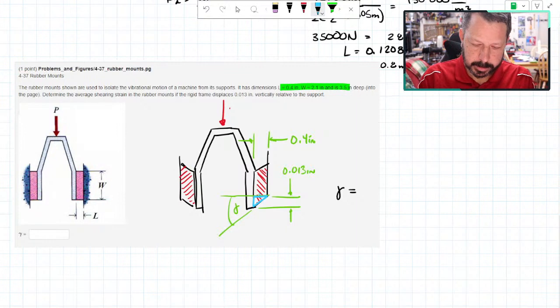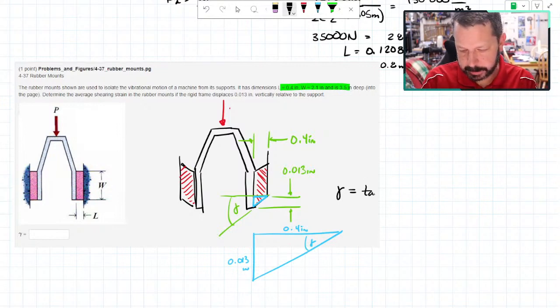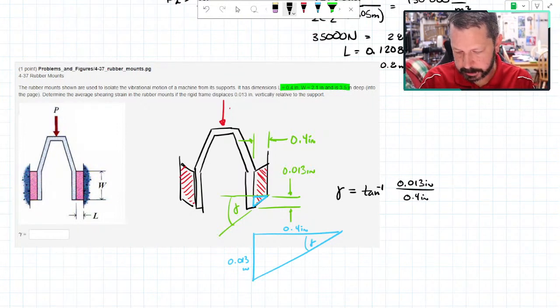Let me draw it bigger. There's gamma. This is 0.013 inches, and this is 0.4 inches. So gamma is the inverse tangent of the opposite side, 0.013 inches, over the adjacent side, 0.4 inches.